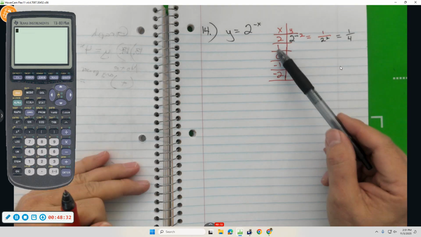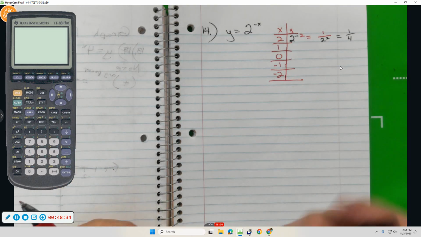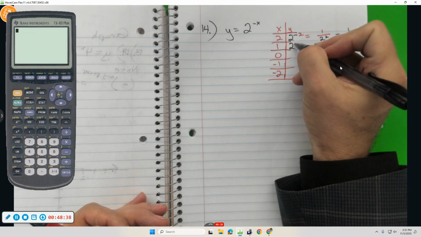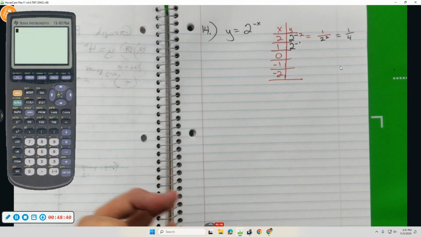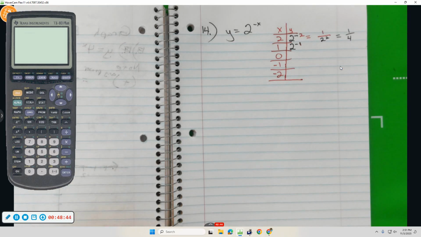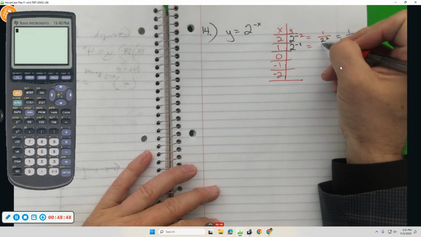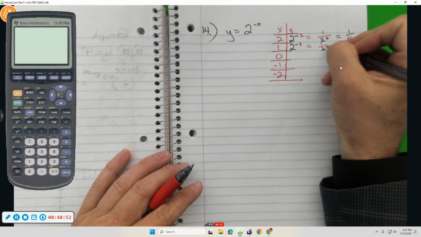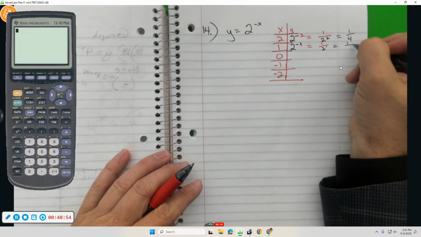Now we'll plug in 1. We're going to get 2 to the negative 1. And what's 2 to the negative 1? Okay, that's 1 over 2 to the first, which is just 1 over 2.